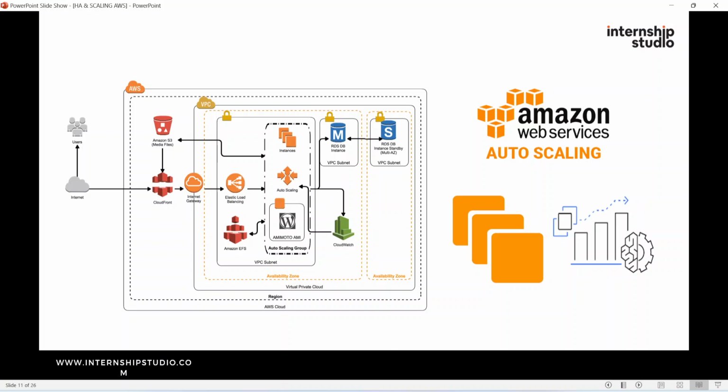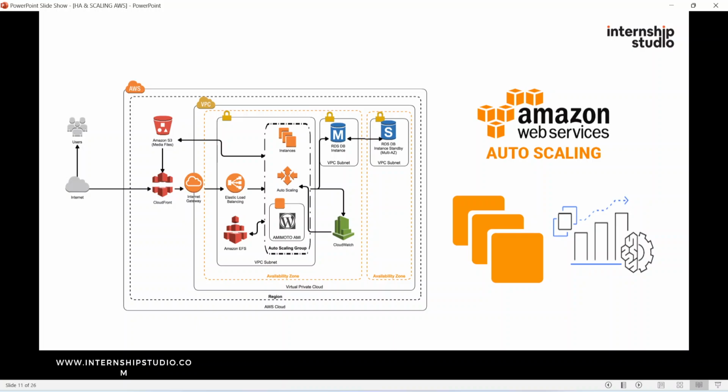So this is the high level infrastructure that is powering AWS autoscaling. So when the users access the application via the internet, based on the demand, this CloudFront, which is a content delivery service, there is the internet gateway.